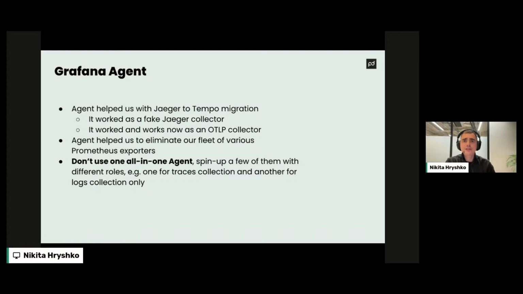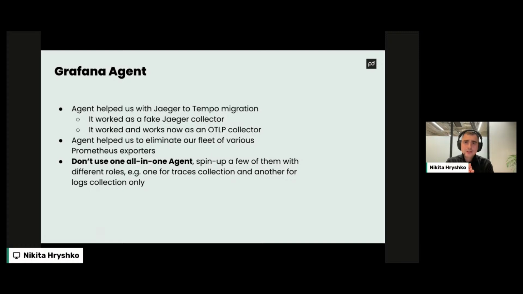For example, in our case, agent helped us with our migration from Jaeger to Tempo. We configured it in a way that for some time it worked as a fake Jaeger collector, and it helped us to migrate to Tempo without any disruption to our services. And now we switched it to another mode, and now it serves as an OTLP collector for all our traces.